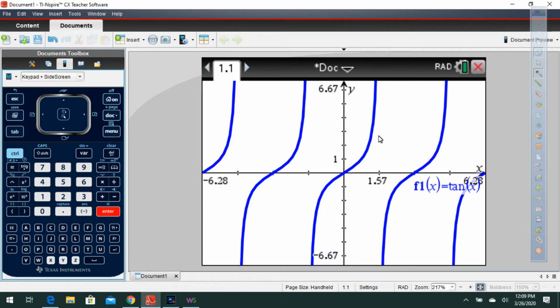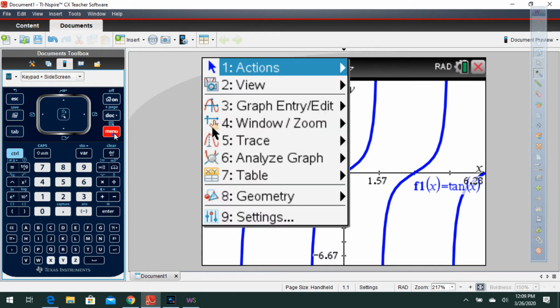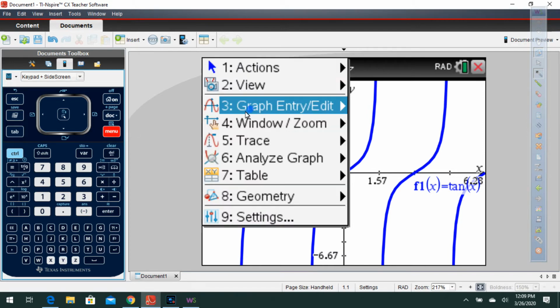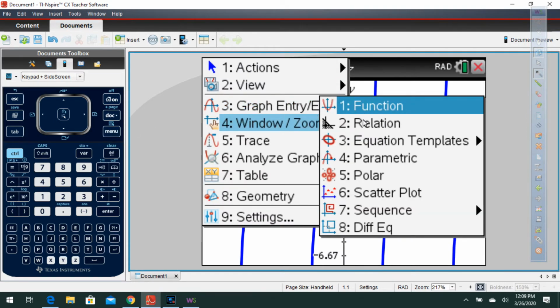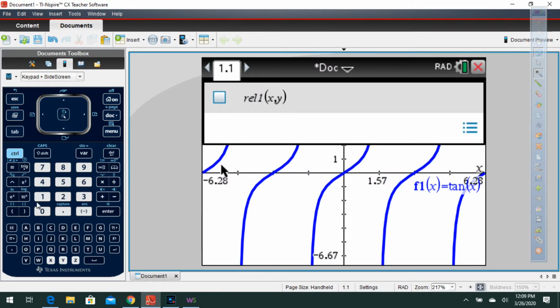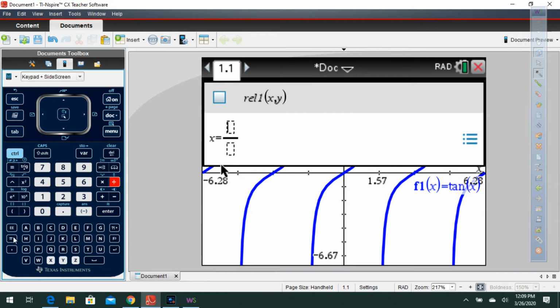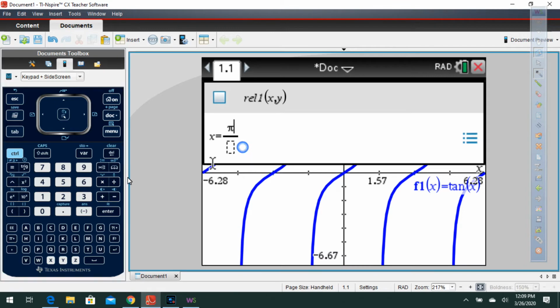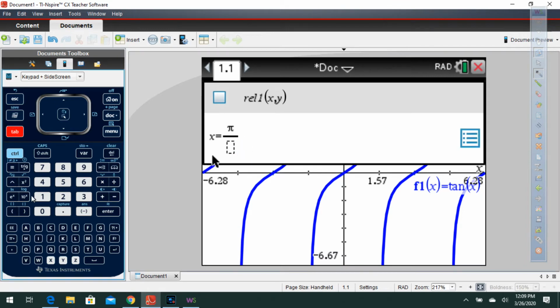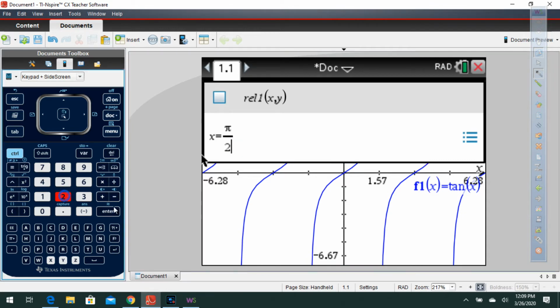And to show you what I'm talking about, graph entry edit, we'll do a relation. We got x equals, and then control divide, pi over 2. Oh, that didn't work for 2.